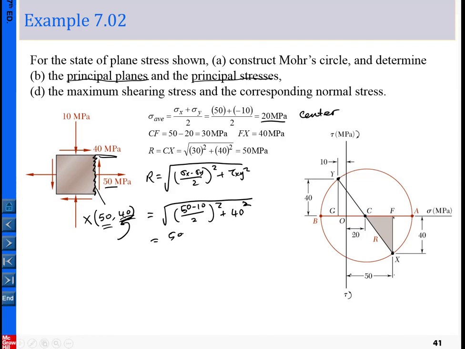A and B are our principal stresses, and this one is our maximum. How much is the maximum? Let me see.